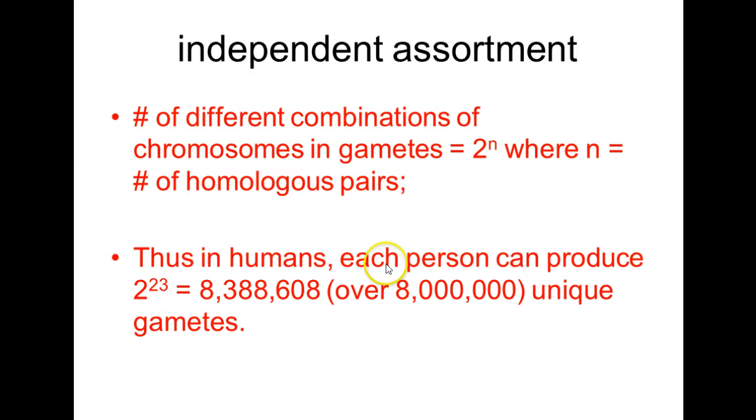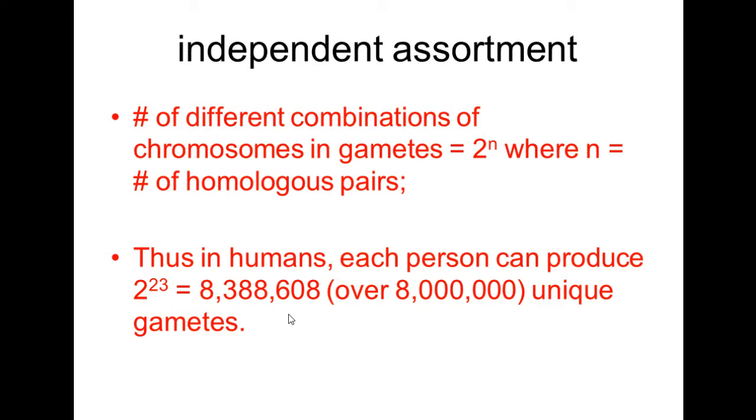So that means in humans, each person can produce 2 to the 23rd power unique gametes, which would be over 8 million unique gametes. So in the male, the odds of 2 sperm cells being identical are about 1 in 8 million.